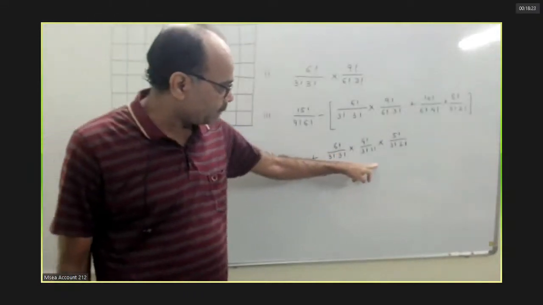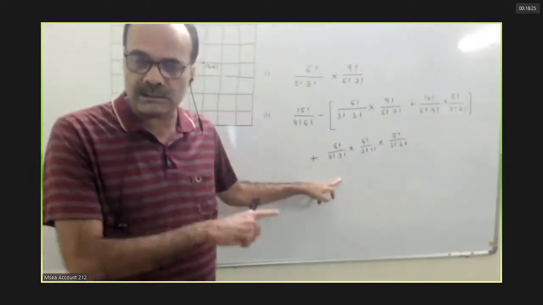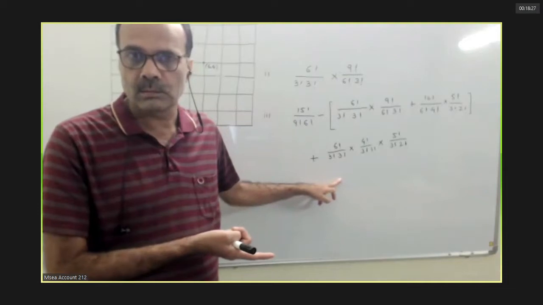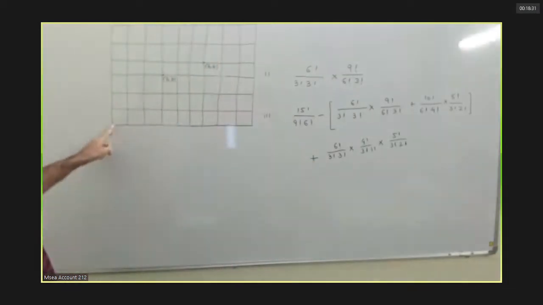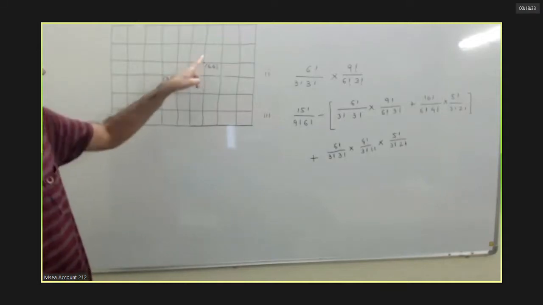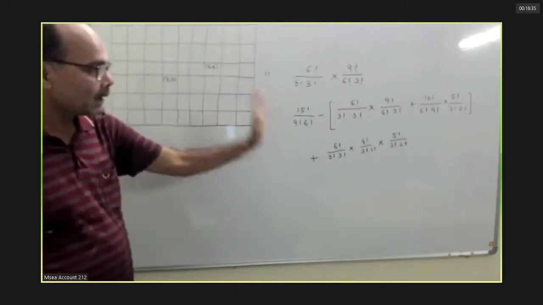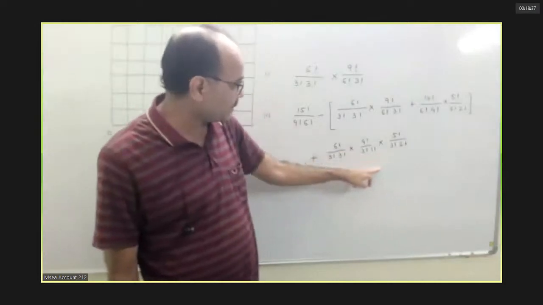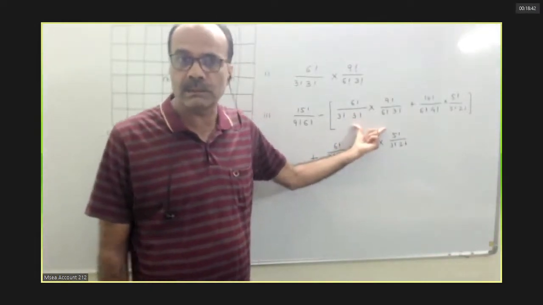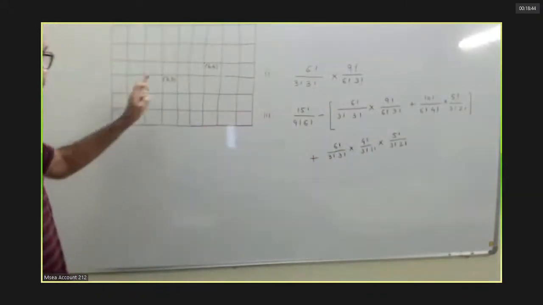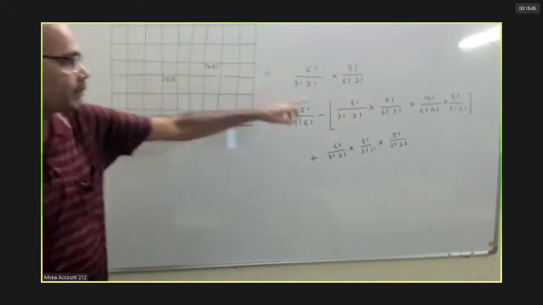Now, this kind of paths, this is via 3,3 as well as 6,4. These are number of paths from here to here, then here to here, then here to here. This kind of paths has been counted here via 3,3. It means there are some paths via 3,3 and via 6,4 also.